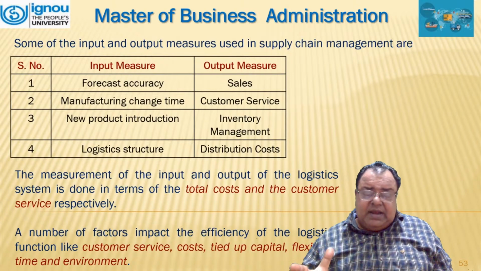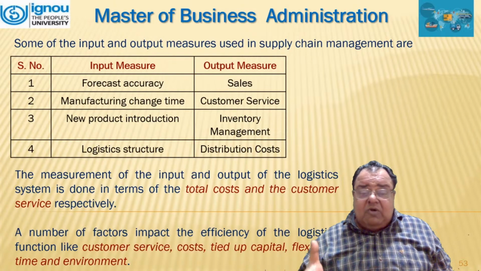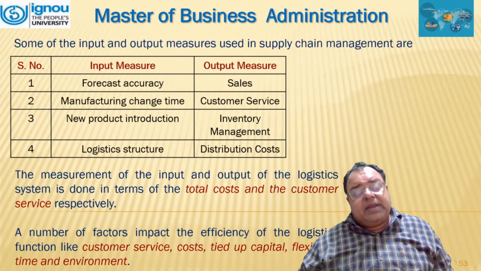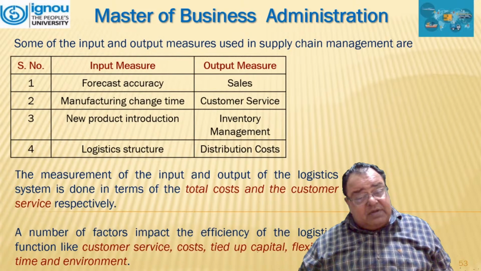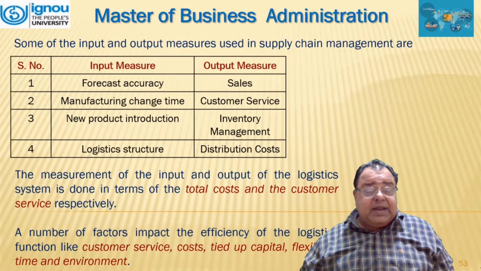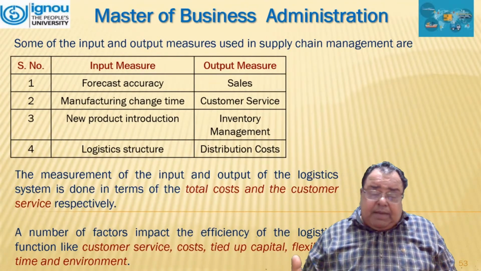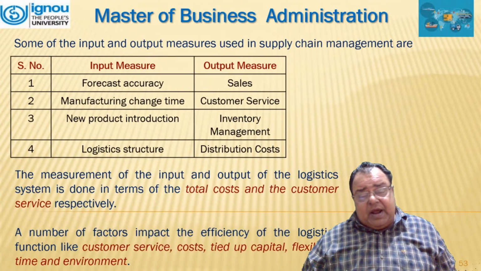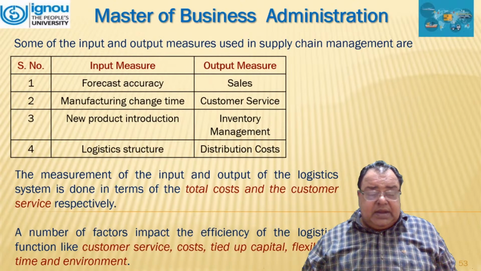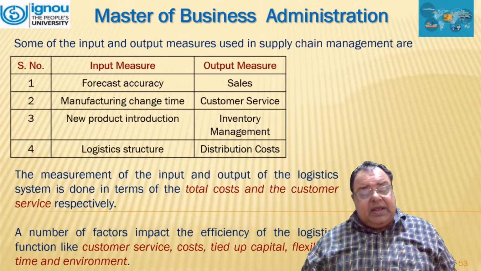On the other hand, output measures can be sales, customer service, inventory management, and distribution processing. The measurement of the input and output of the logistics system is done in terms of the total costs and the customer service respectively.